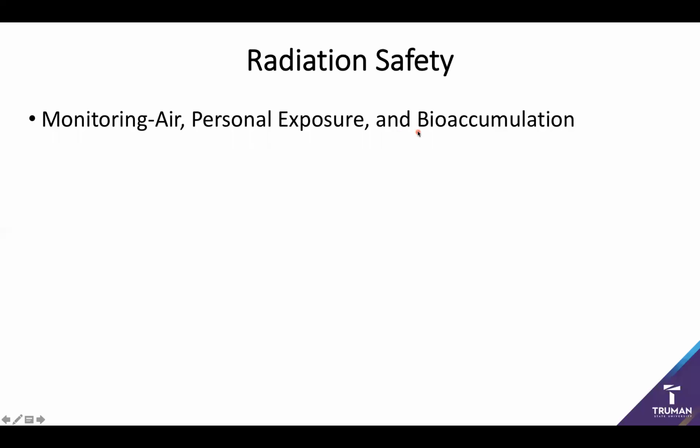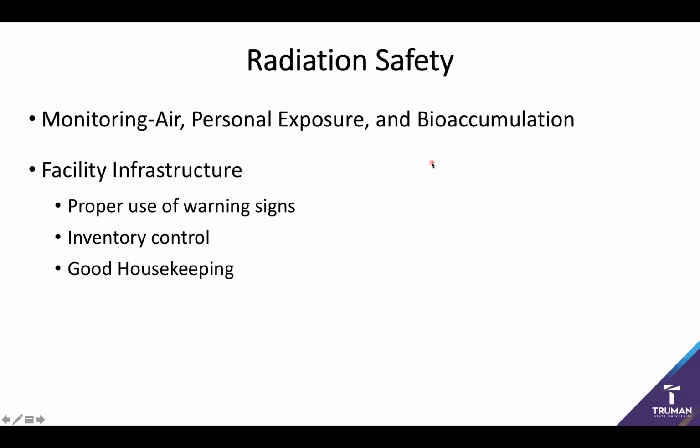And watch out for things like bioaccumulation. So even if everything around you may not have a high degree of radiation, if you're ingesting enough material over a long enough time, it can accumulate in your body. So sometimes tissue samples of any workers working intensely with radioactive materials are very useful.